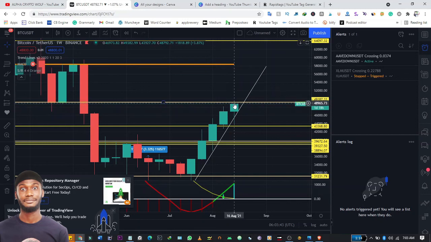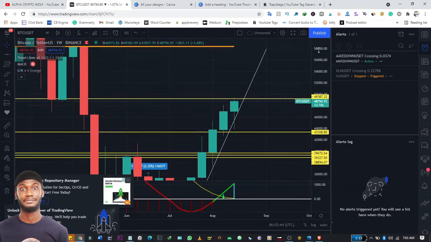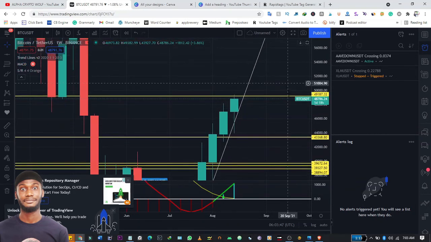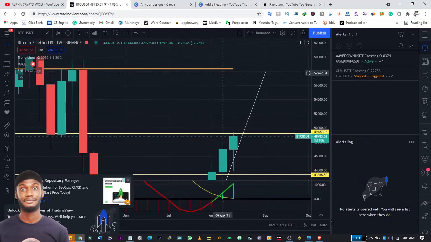I'm very confident it's going to break the resistance zone. If it breaks this resistance zone, the next thing is that it will go to this strong resistance zone. This is the strong resistance zone that people need to be very mindful about, and this is around $58,000.